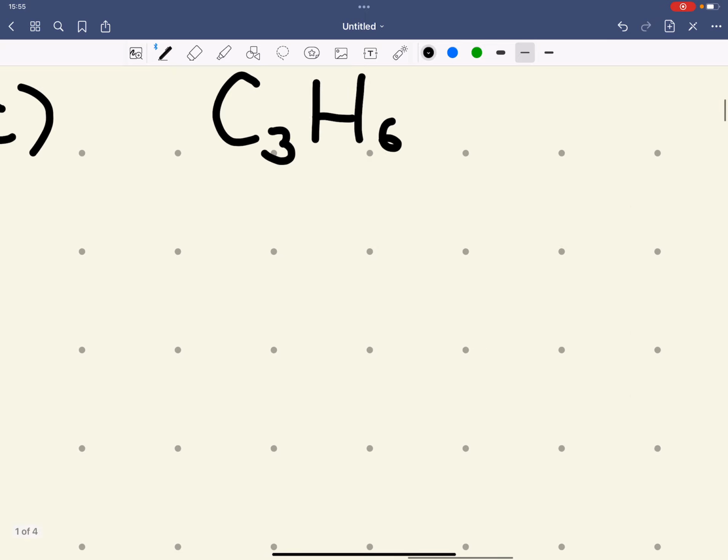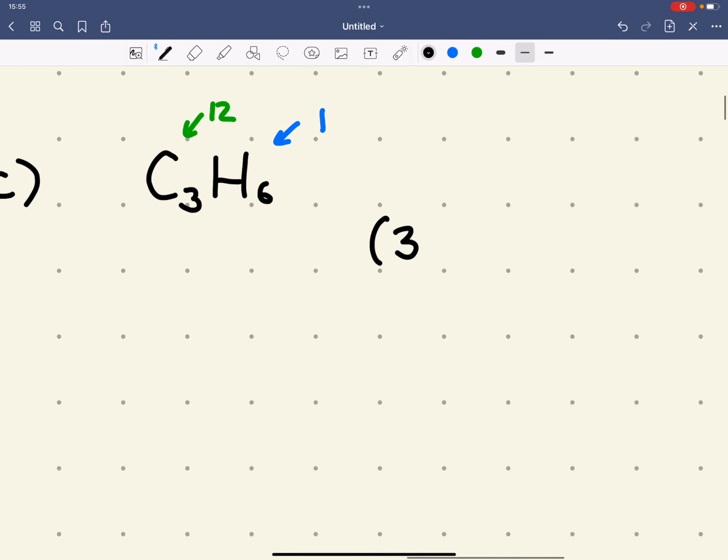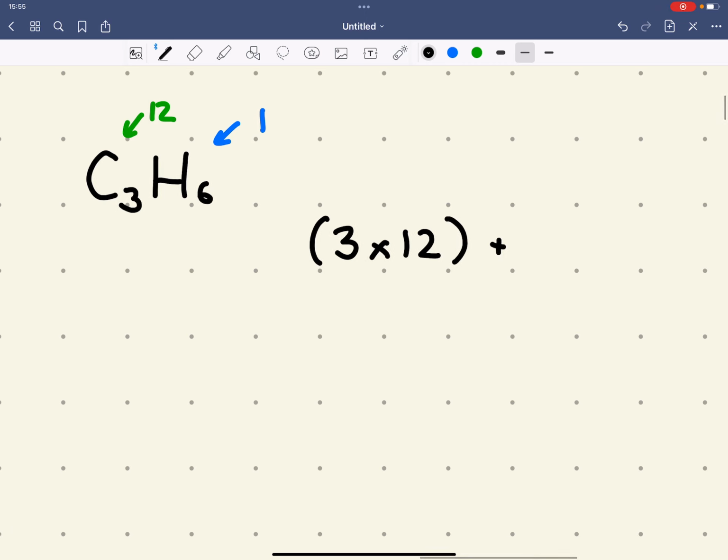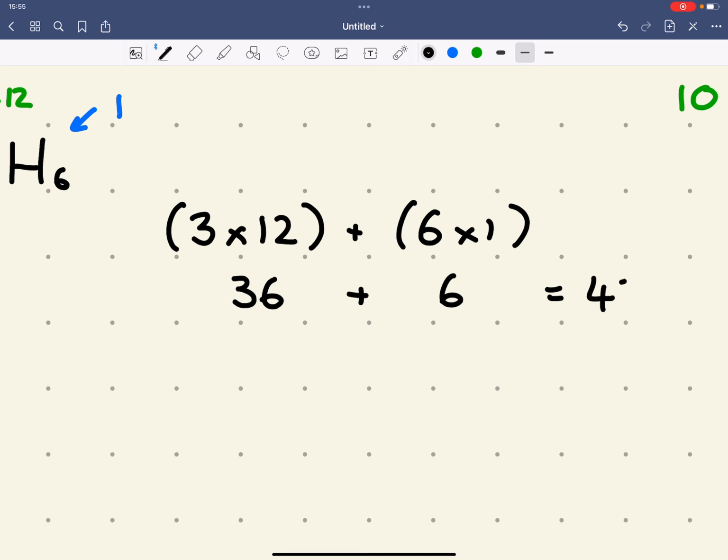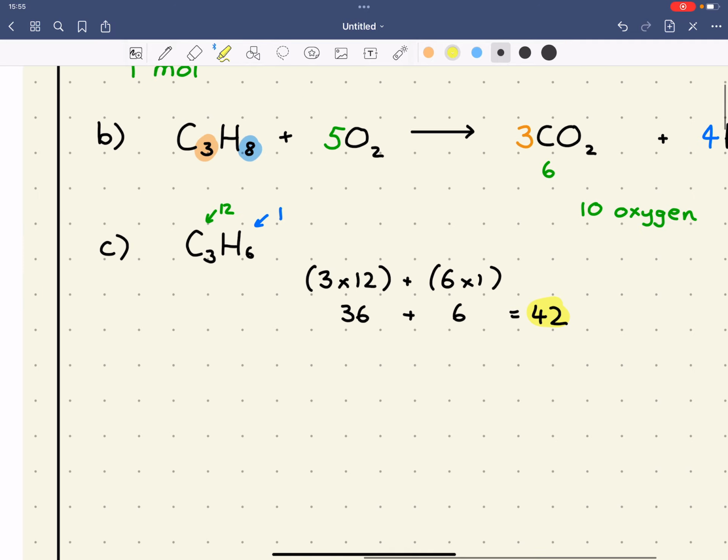So we simply do 3 times 12, 3 lots of carbon, plus 6 times 1, which is obviously 36, plus 6, which is equal to 42. And that was answer B. So 42 will be my answer there.